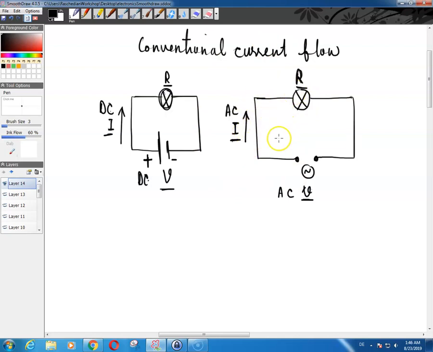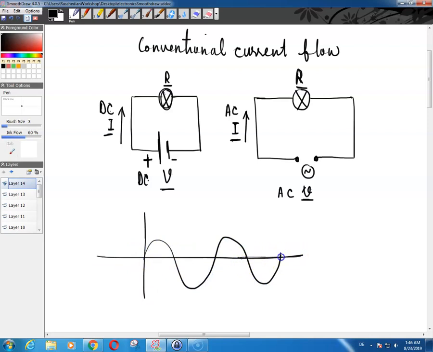Of course, in an AC circuit, there is no question of current going this way or that way. It keeps changing because your voltage is going up and down, and we will get to that when we get to AC. But since your voltage is becoming positive, negative, and so on, the direction of current is changing, basically based on the frequency of your voltage.